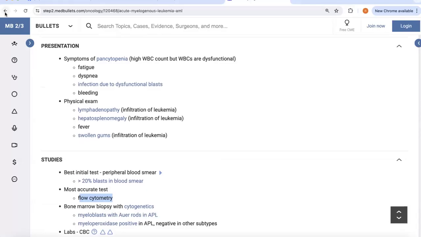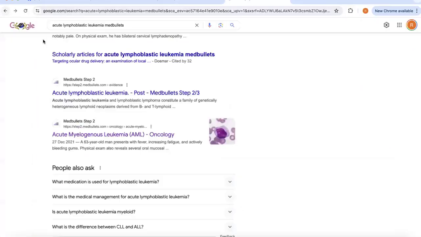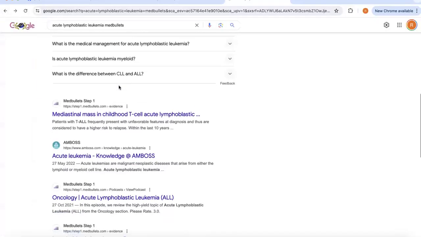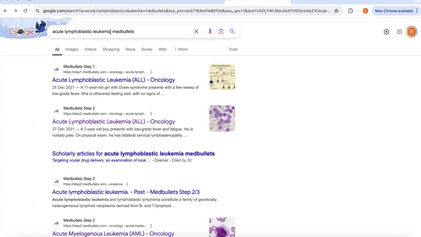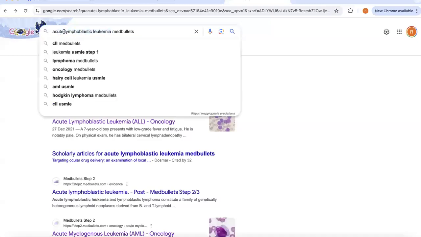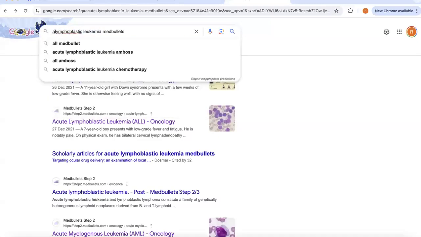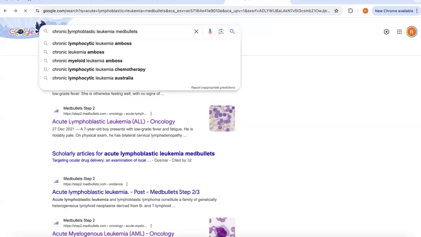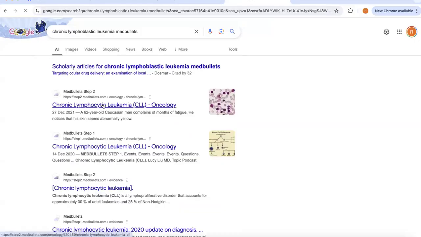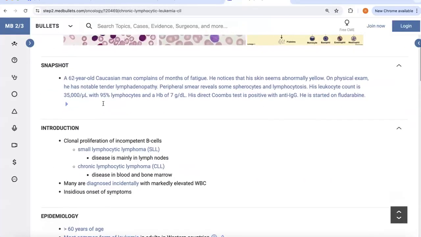So that's ALL and AML. Now coming to CLL and CML. So chronic lymphocytic leukemia, CLL.